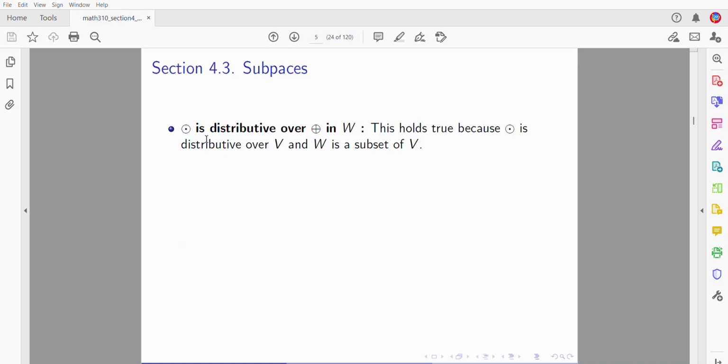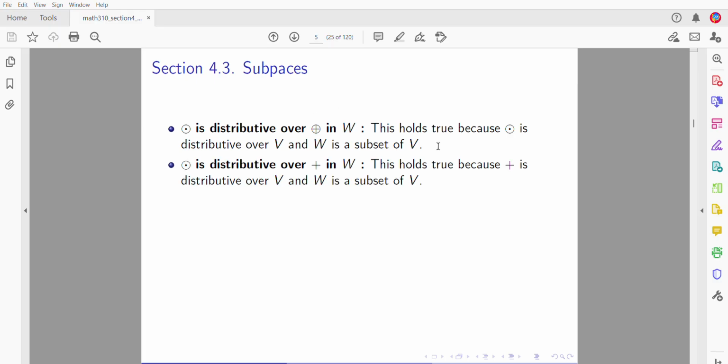Is scalar multiplication distributive over ⊕ in W? Well, of course it is, because W is smaller than V, and this distribution holds for V. V is a vector space, so it's true. Is ⊙ distributive over real number addition in W? Of course, because again, this holds for the bigger set V. Therefore, it will hold for the smaller set W. Is ⊙ associative in W?